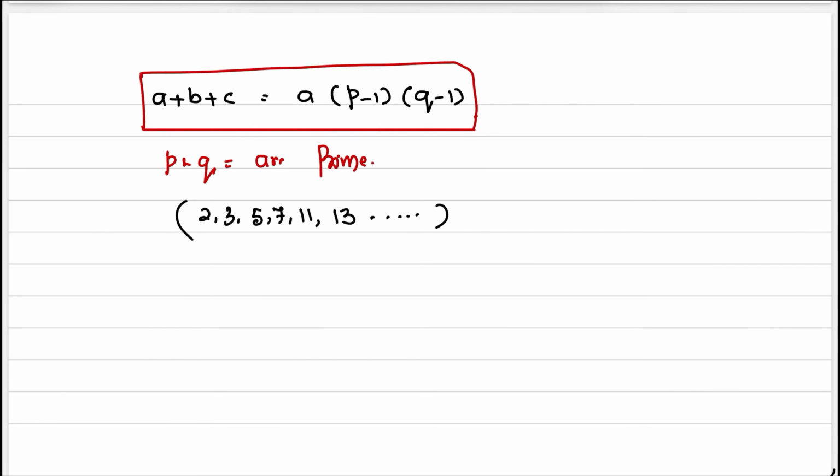Let us try with a value, the minimum value of P, P is equal to 2. And roots were never told that they cannot be equal. It was only we have assumed that A, B, C are not equal to each other, they are distinct. P is equal to Q.